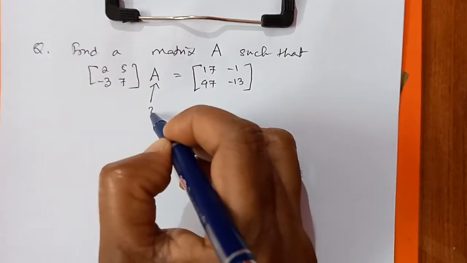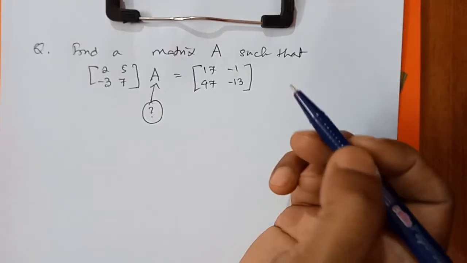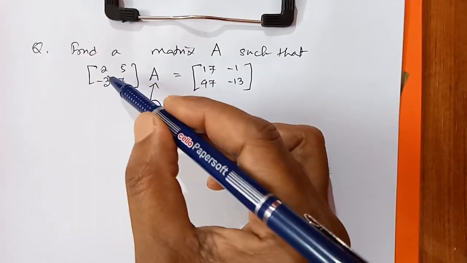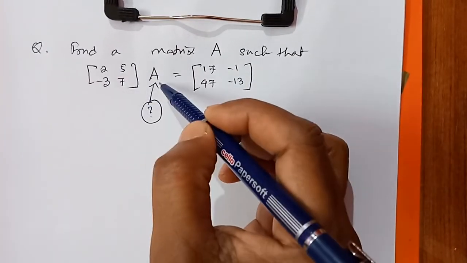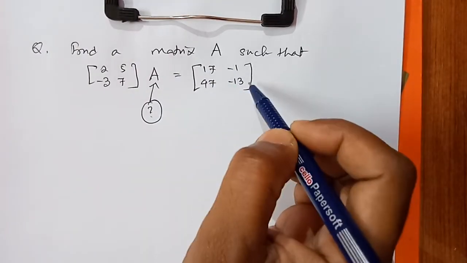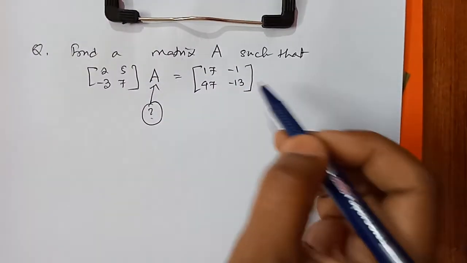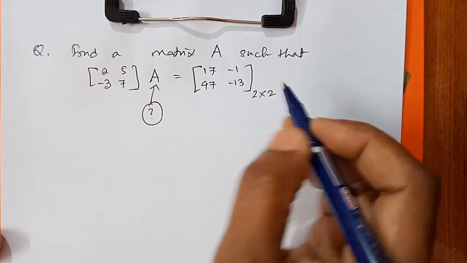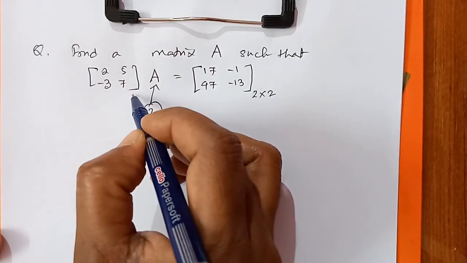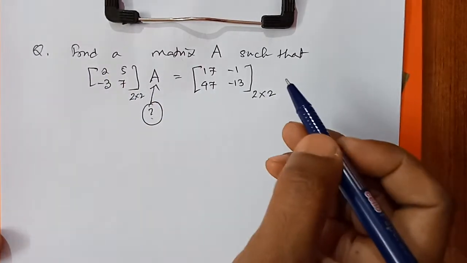So this matrix A is unknown. This matrix you have to find, and this matrix is given. The left hand side is a product of two matrices, and the right hand side is the product of these two matrices. Here the product order is 2 by 2, and the first matrix is of order 2 by 2.